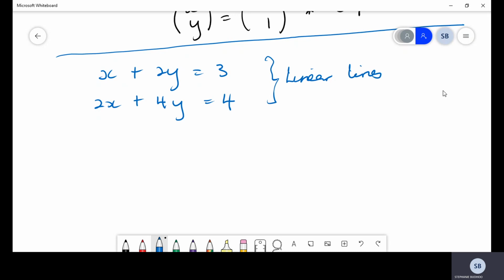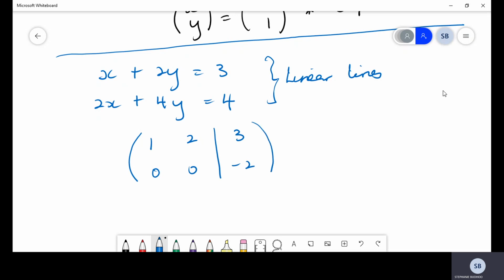Let's say we applied the row reduction method to echelon form, and we ended up with 1, 2, 0, 0, and 3, -2.